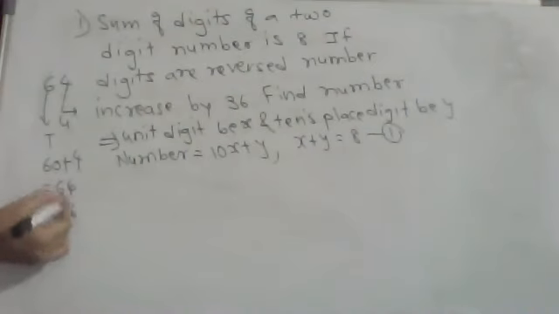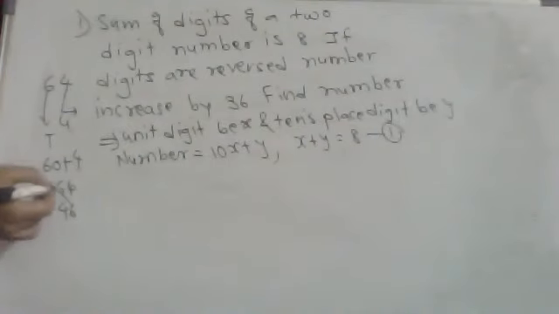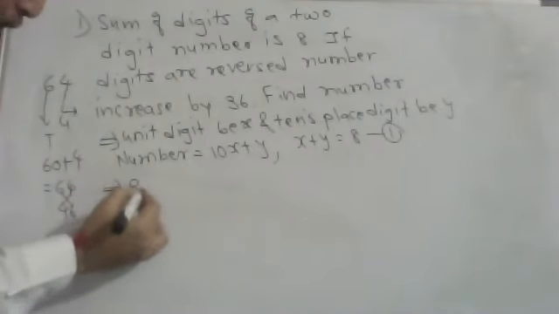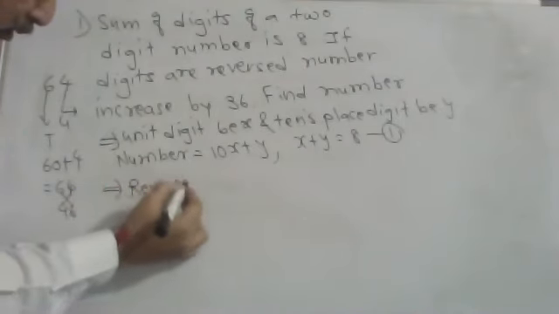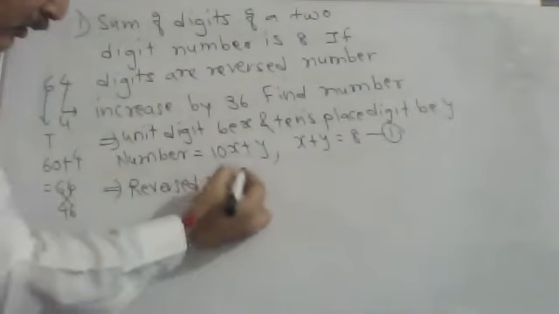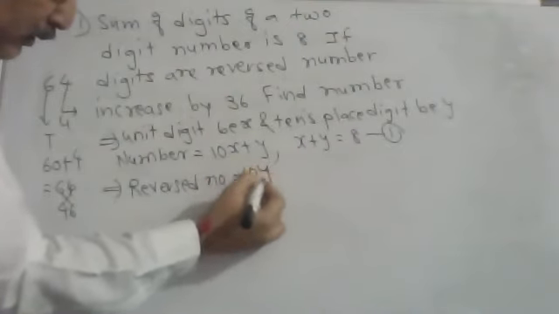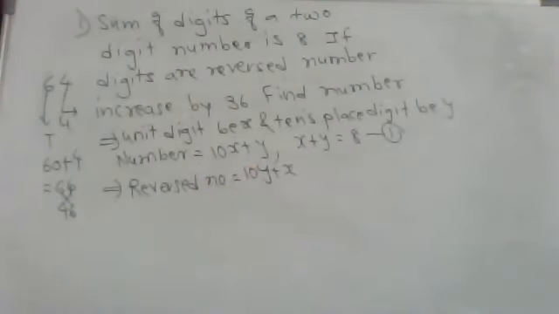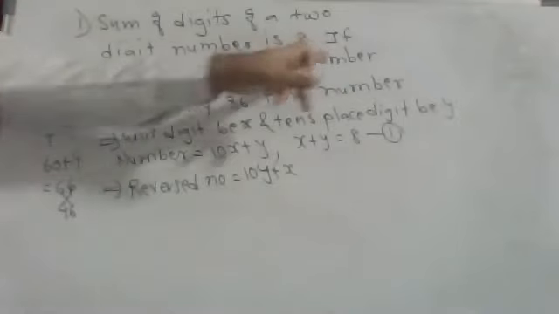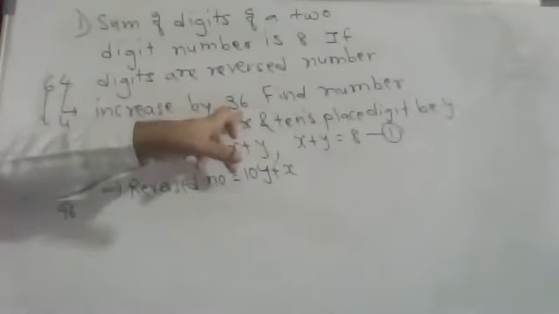Unit digit will be tens place digit and tens place digit will be unit digit. So the reversed number will be 10y plus x. Agreed? If digits are reversed, number increased by 36.